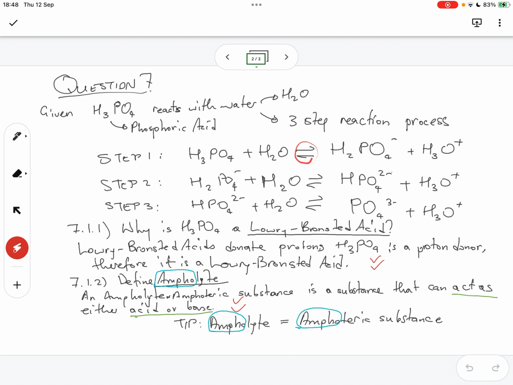What this symbol tells us is that on the left-hand side of that symbol, we have two reactants that are going to combine, and in the left to right direction, we will get these products. But also, if we take these two products, this symbol means that this reaction is reversible.